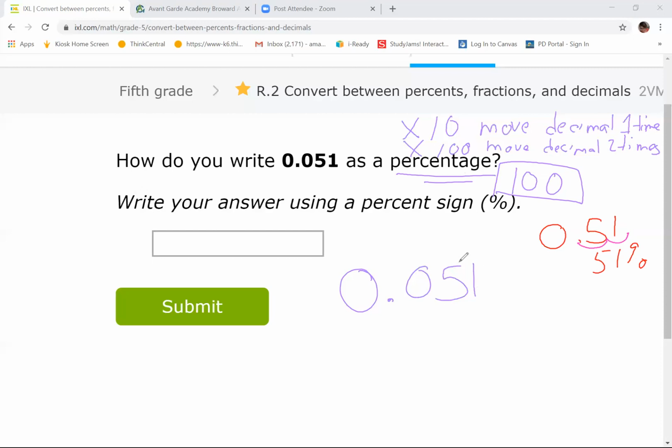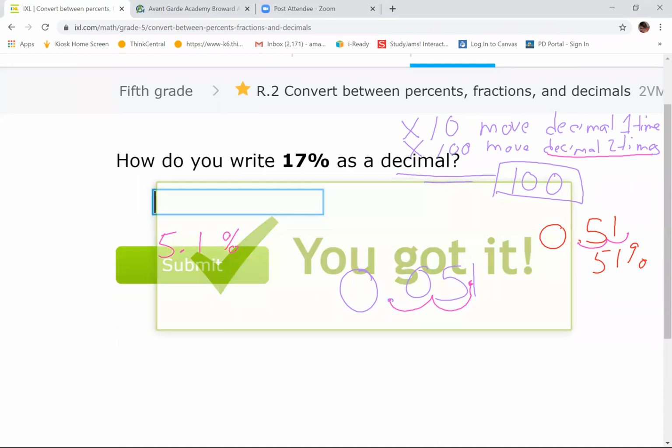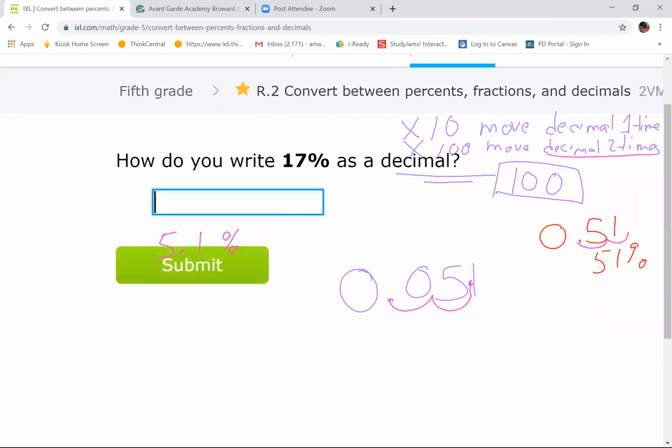So to find that percentage, we just move that decimal 2 times. Ready? 1, 2. Here's my new decimal, and it's going to be 5.1%. You think that might be it? Let's find out. 5.1%. You got it. Good going, Miss Allison.